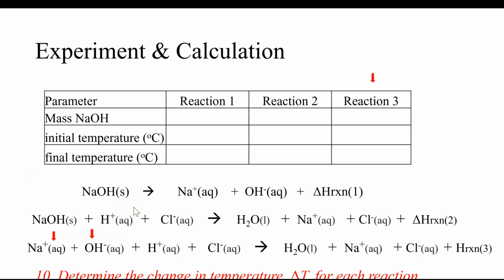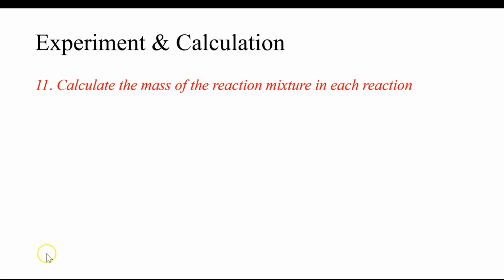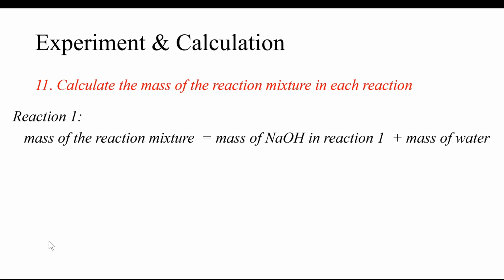I'm going to give you an example. For example, for the mass of my sodium hydroxide, I get 3.823 grams. Yours will be different. They ask me to calculate the mass of the reaction mixture in each reaction. For example, in reaction 1, the mass of the reaction mixture is the mass of sodium hydroxide in reaction 1 plus the mass of water.